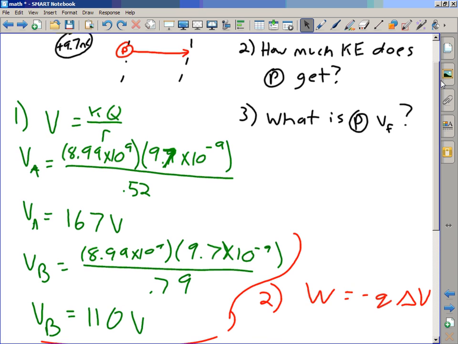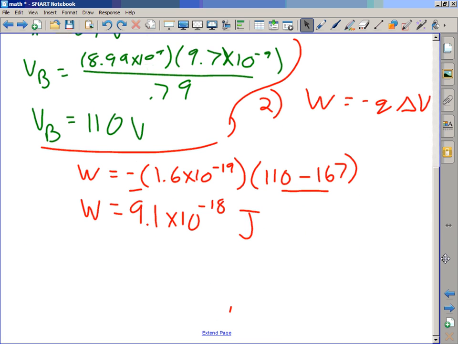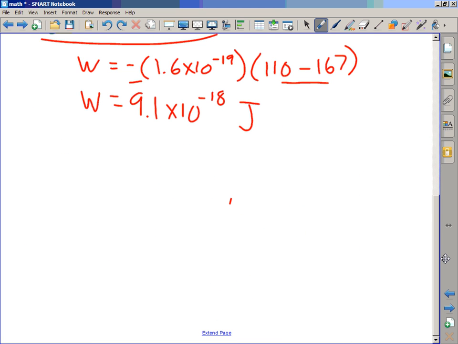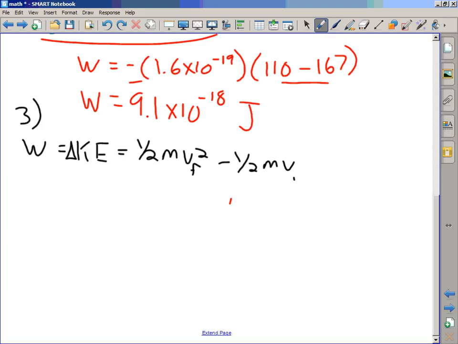Last but not least, what is the final velocity of this proton? Well, work is the same thing as change in kinetic energy, which is 1/2 m v final squared minus 1/2 m v initial squared. And what's the initial velocity that we can assume? 0. Then the entire thing goes away.